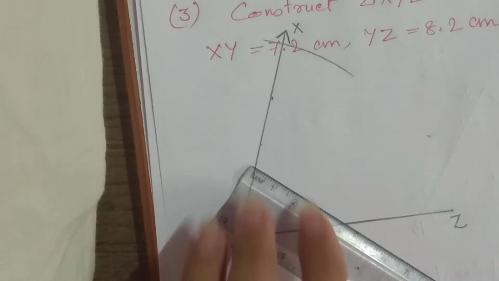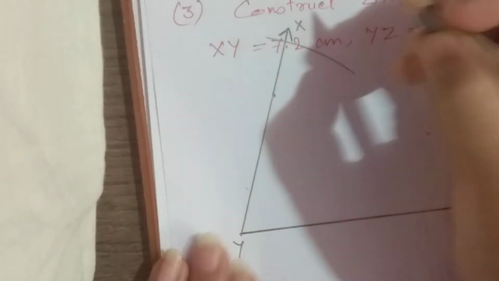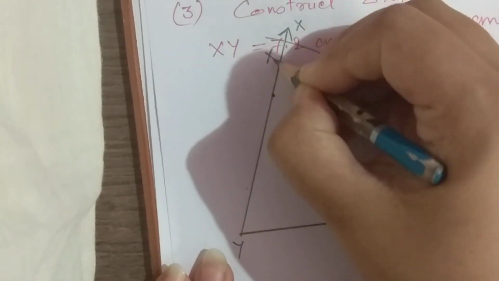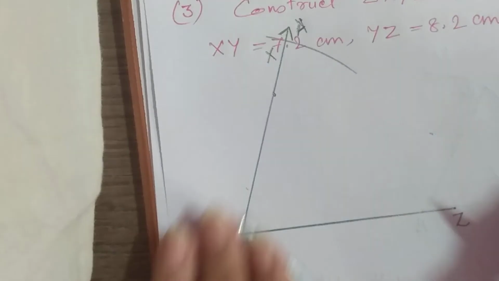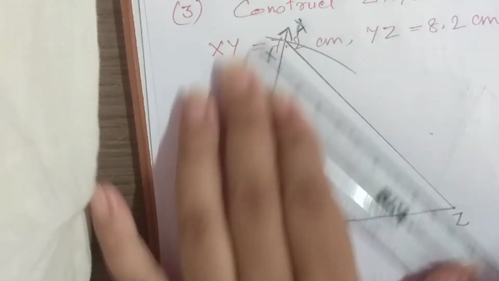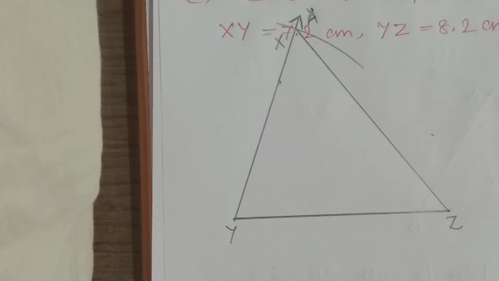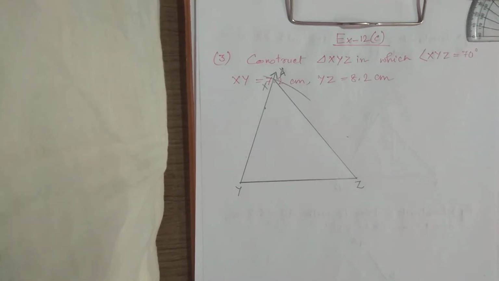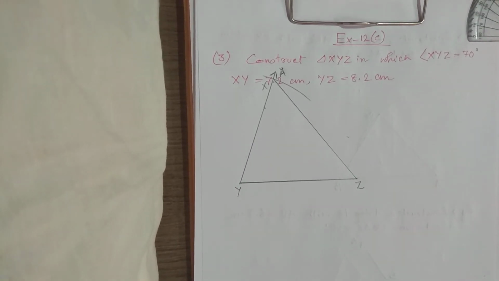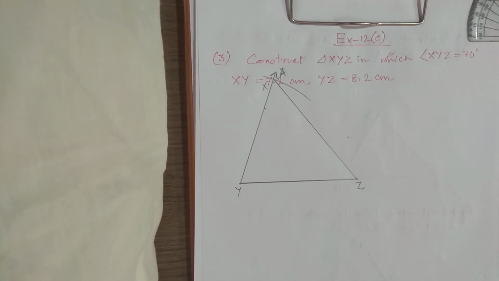Then this arc will be named as X. I have joined this as X. Okay. So we have got the triangle XYZ. Like this way, you have to construct the remaining problems of exercise 12C.